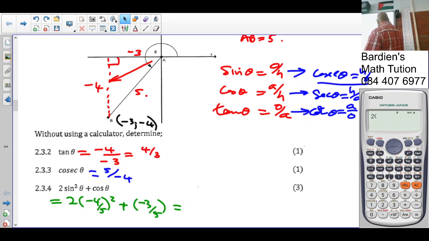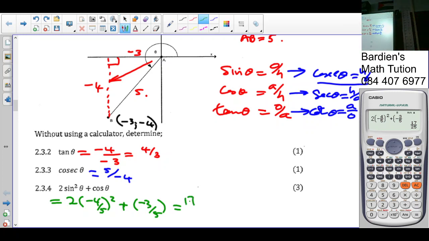So you got 2 times (negative 4 over 5) squared, plus negative 3 over 5. That gives you 17 over 25. Okay, is there any confusion here? No confusion?